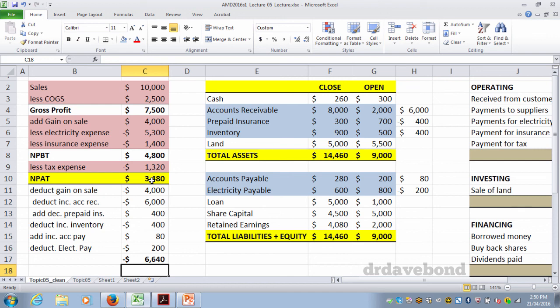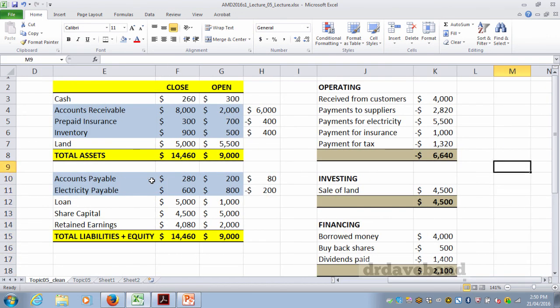I'm not going to lie about that. But that's the idea behind it. Start at profit and then adjust things out over time, and you get to the same point. 6,640 negative. That's what we want. It's the same operating cash flow, it's just worked out different ways.